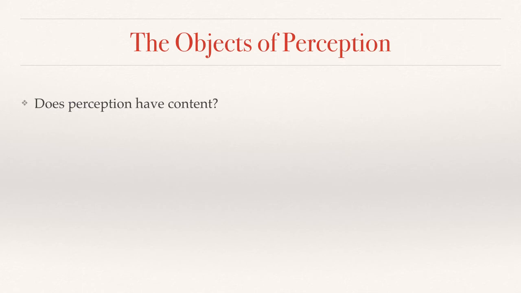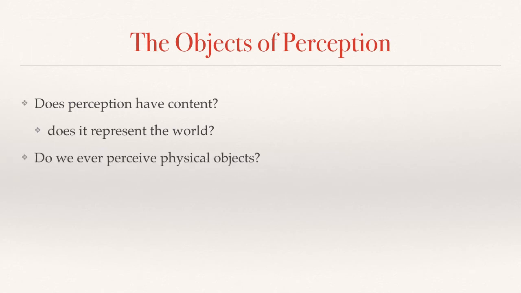One way of putting this is the question: are perceptions representational in the way that thoughts are? In other words, do they present the world to us in a certain way, or do they do something different? And here's a different way of asking that very same question. In perception, are we directly in contact with physical objects?